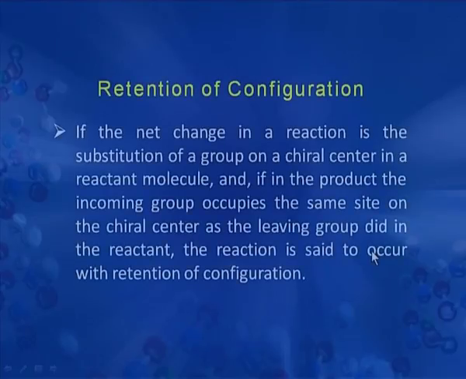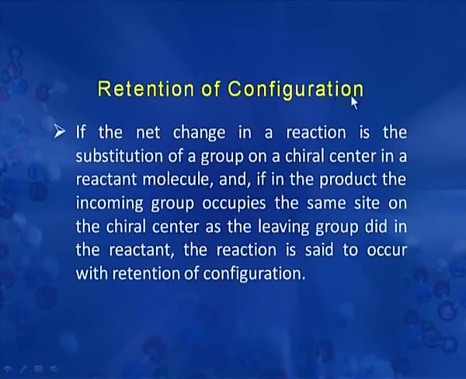Now, next we take up certain terms which are used in stereochemistry. Generally, one of them is retention of configuration. Retention means something is retained. Now, what is retained here? It is configuration that is retained. It means if in a reaction, a group is replaced by another group and the group occupies the same position that was earlier occupied by the leaving group in the reactant, we say that it is retention of configuration.